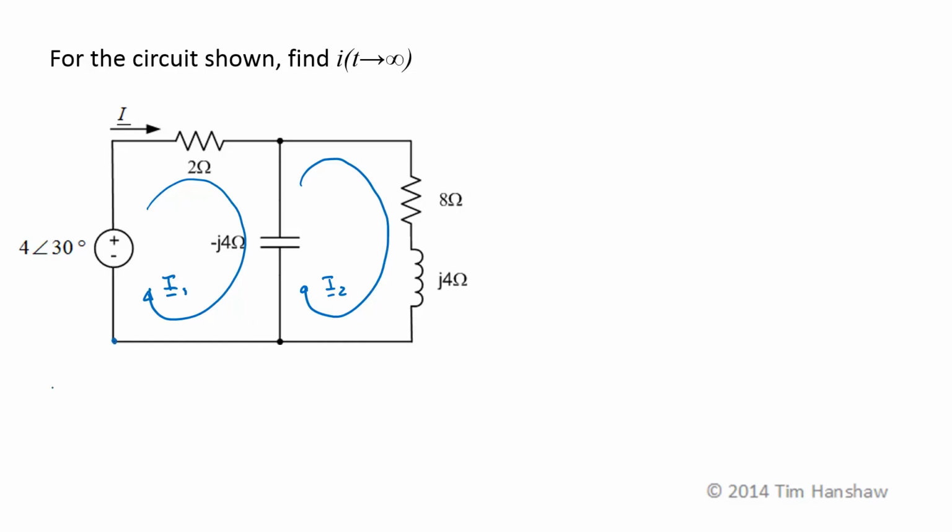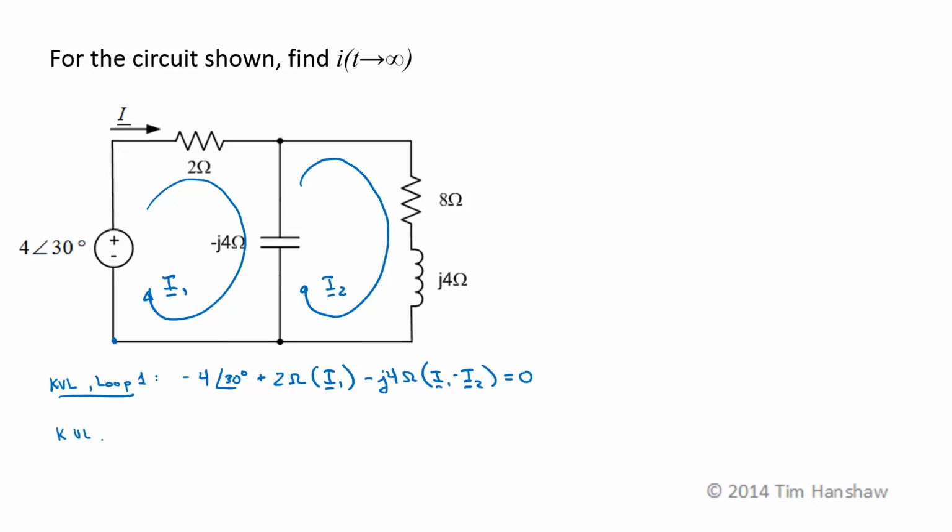So starting down here, KVL around loop 1, following I1, I have minus 4 at an angle of 30 degrees plus 2 ohms times its current as a phasor, I1, plus a negative J4 ohms times I1 minus I2. That brings me back to my starting point, so that's 0.